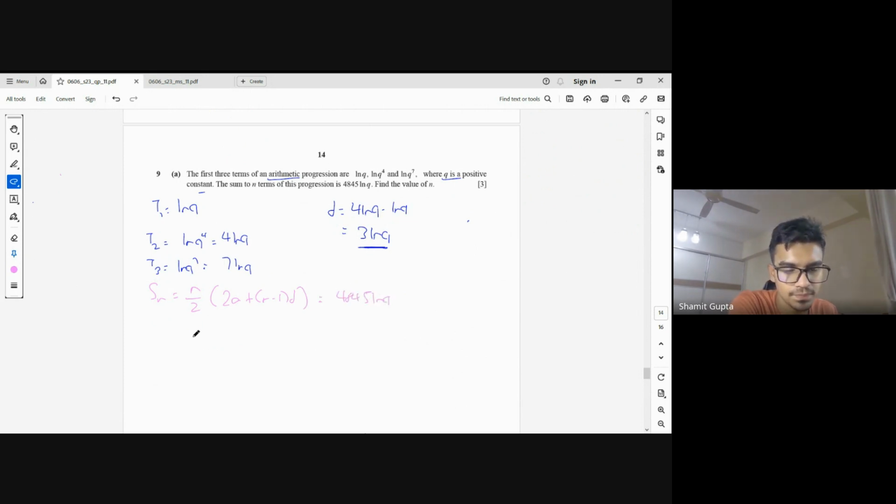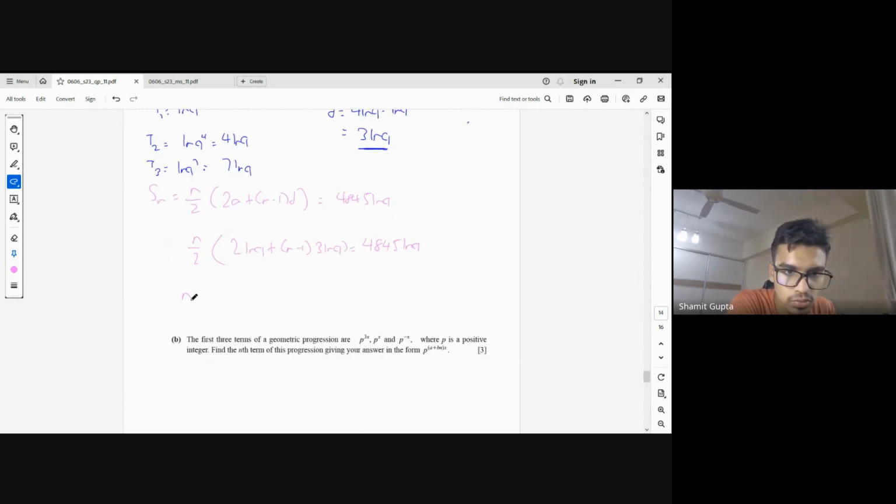So n over 2, a is ln q, so 2 ln q plus (n minus 1), d is 3 ln q, is equal to 4845 ln q. First of all, I'll send the 2 to the other side, so it'll become n times (2 ln q plus 3n ln q minus 3 ln q) is equal to 4845 times 2.